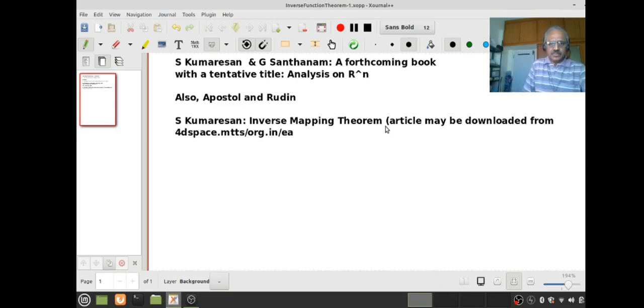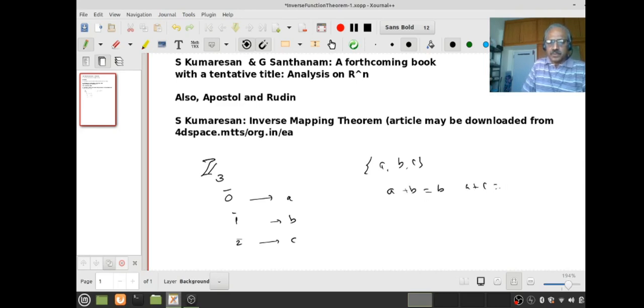For example, just for fun, let us say I denote by Z3 and I also look at A, B, C. If I set up a correspondence of 0 to A, 1 bar to B and 2 bar to C, then I can define a cyclic group structure on A, B, C. That is, A plus B equals B, and A plus C equals C, and B plus C, that is 1 plus 2, must be A, and so on. You understand that? So I can define all such structures.